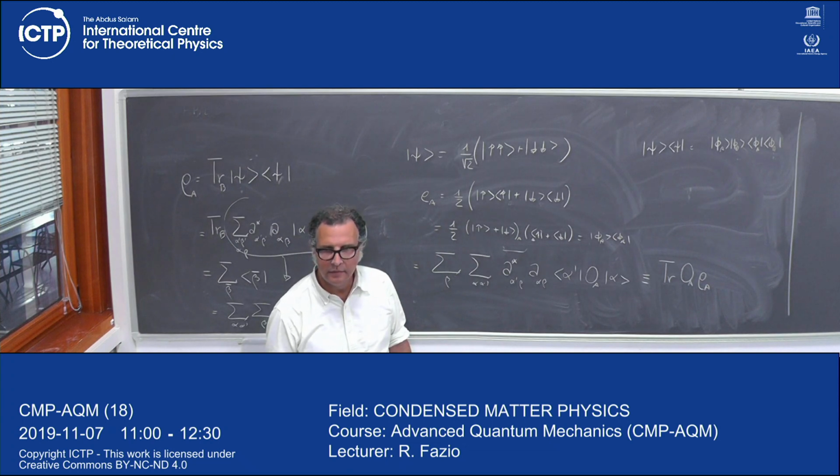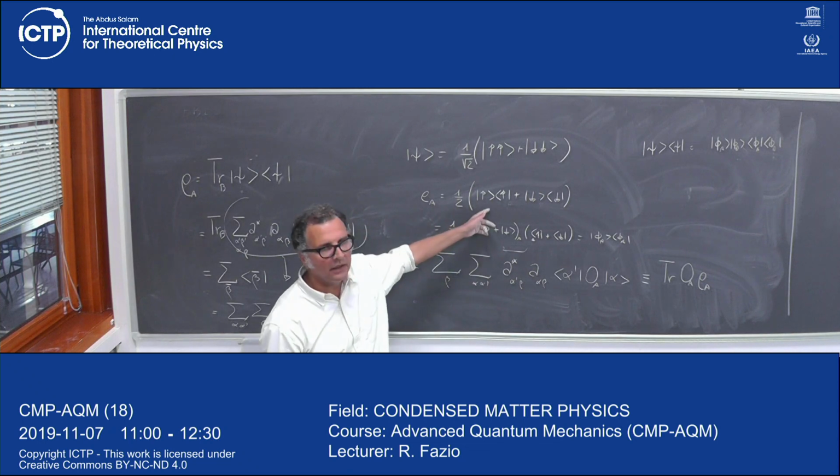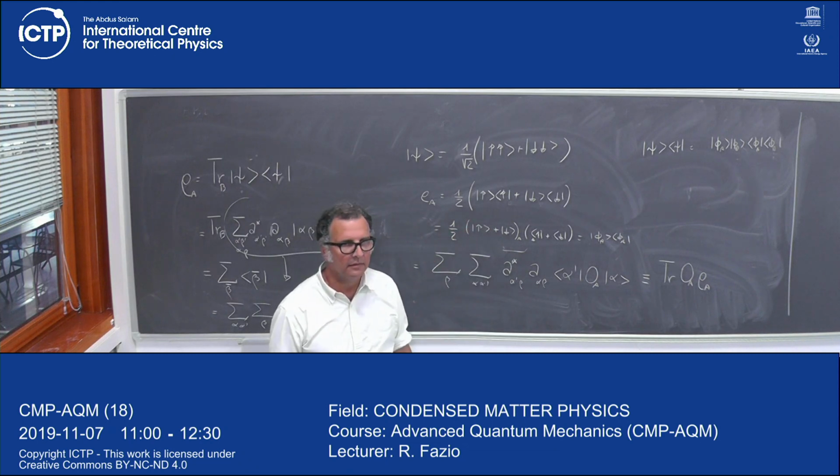Did you write it? So yesterday we saw this state. What is it? Is it pure or is it mixed? It is mixed. Actually, in this particular case, it is maximally mixed. It's the point which is in the center of the Bloch sphere. Okay?